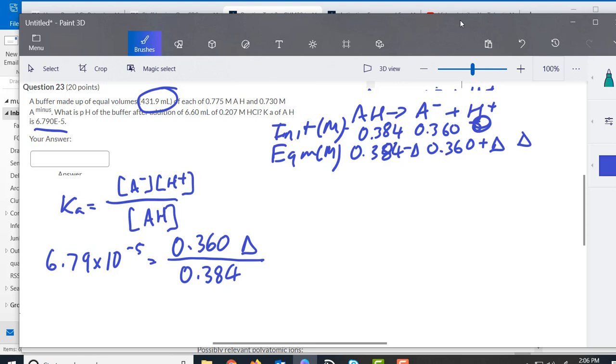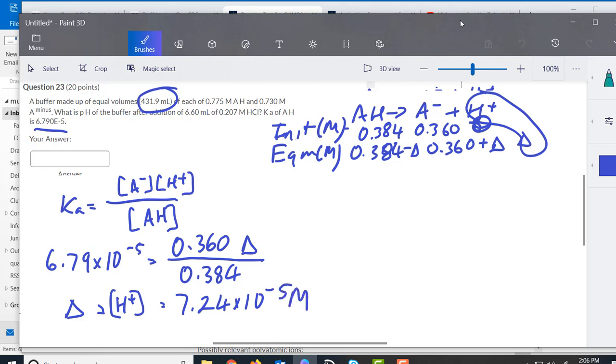Now we're going to solve for delta, and delta is actually going to be equal to, as you can see here, the concentration of H plus. And when we solve for that, which we'll do by multiplying 6.79 times 10 to the negative 5 times 0.384 and dividing by 0.360, we come out to 7.24 times 10 to the negative 5.